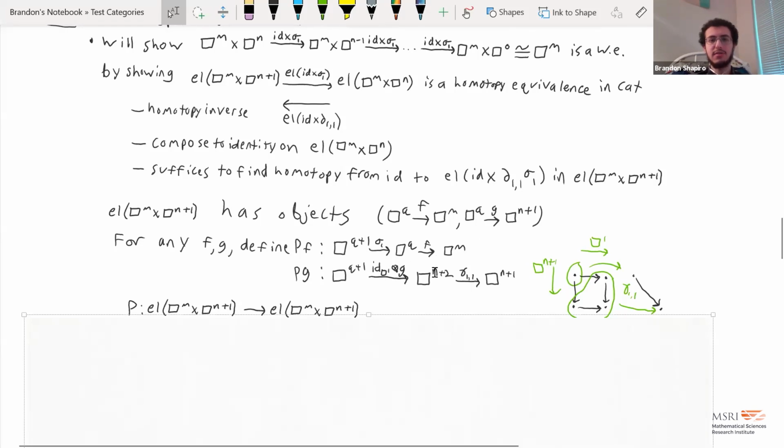So now we're going to the n+2 cube, as opposed to the n+1 cube, where the first component is just the identity. So we've just added in an extra dimension in both the domain and codomain and not done anything with it.